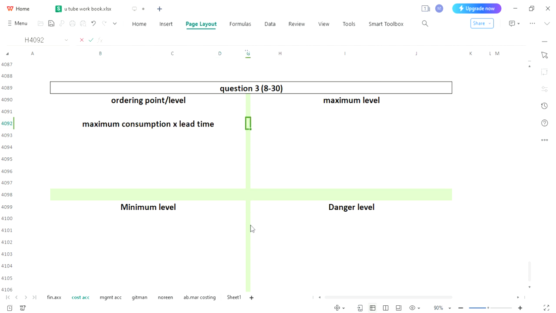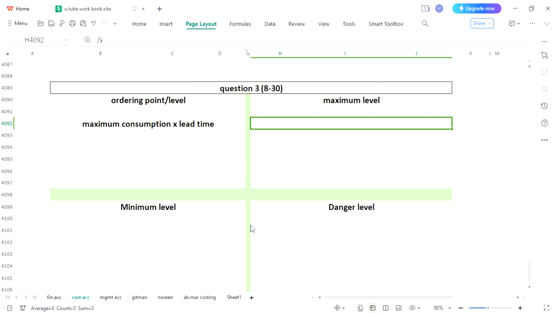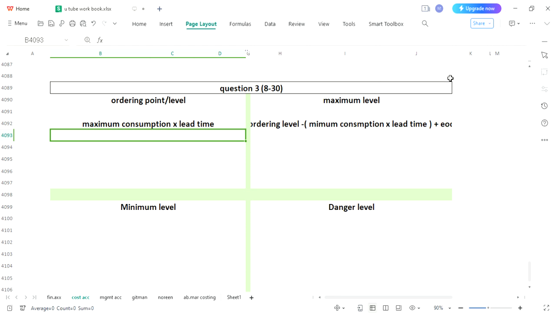For the maximum level, we need the ordering level, which we have already calculated, and then we subtract minimum consumption multiplied with lead time, and finally we add economic order quantity. So in this way our third formula is about to complete.